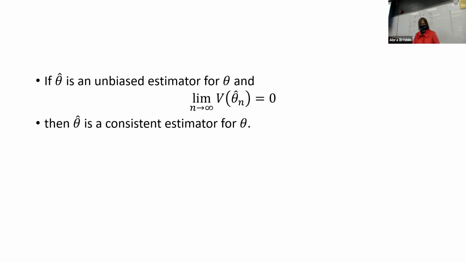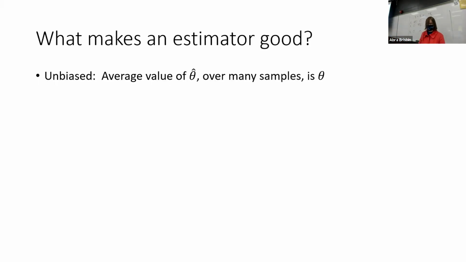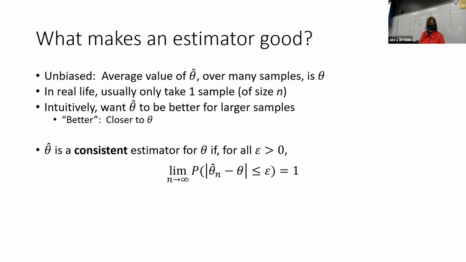As far as proving that something is not consistent, if you can find any epsilon where this limit doesn't equal 1, then you've proved that it's not consistent. So if you pick 1 and find that the limit is not 1, then you're good to go.